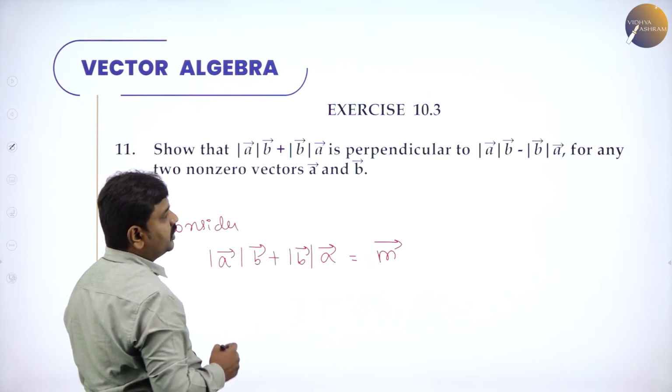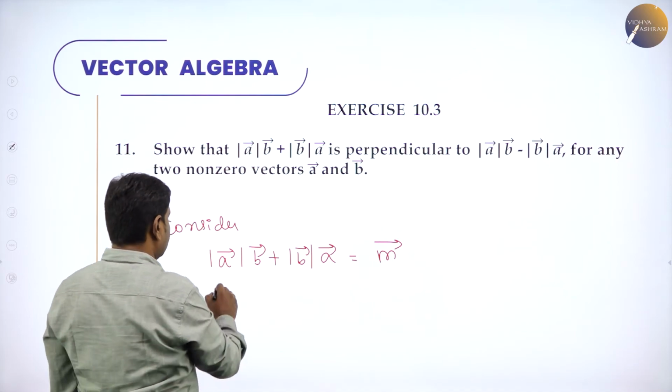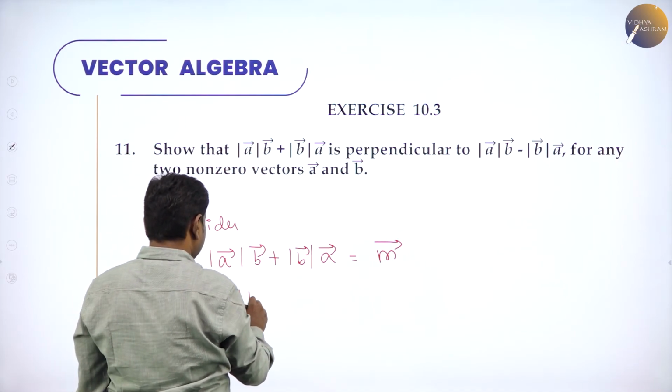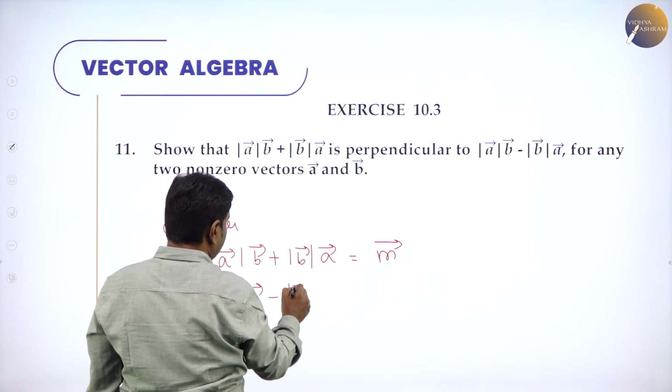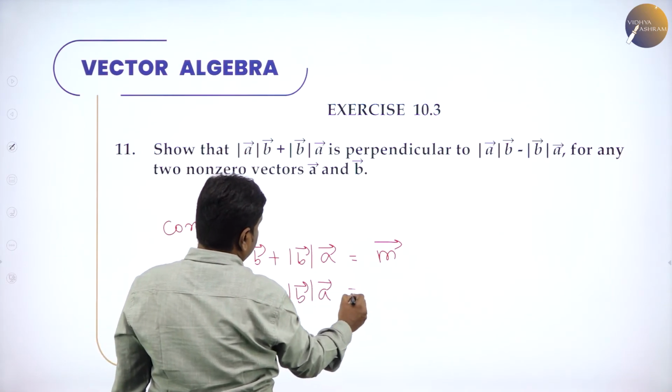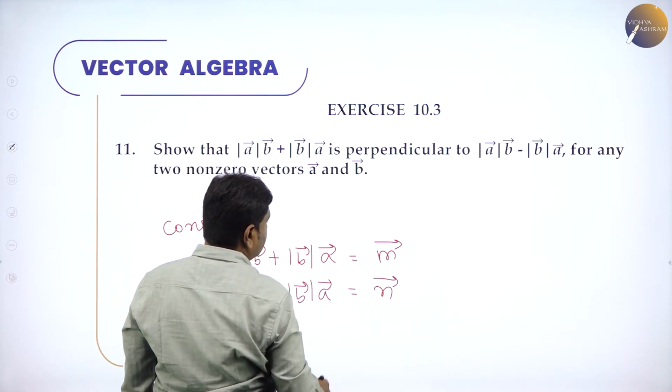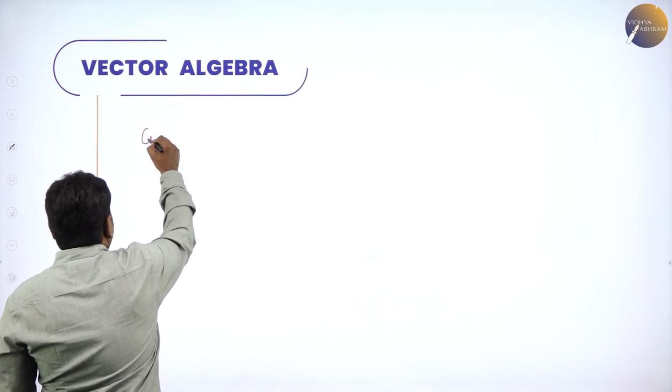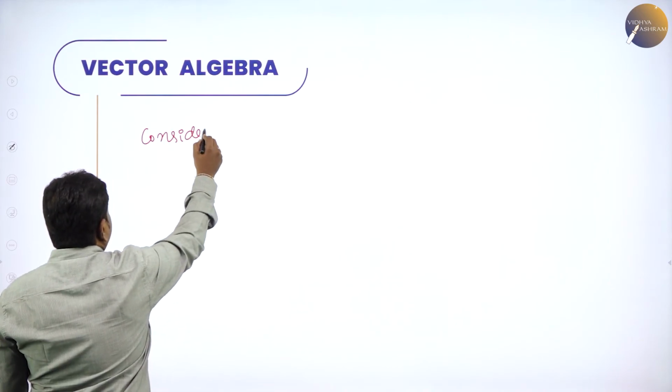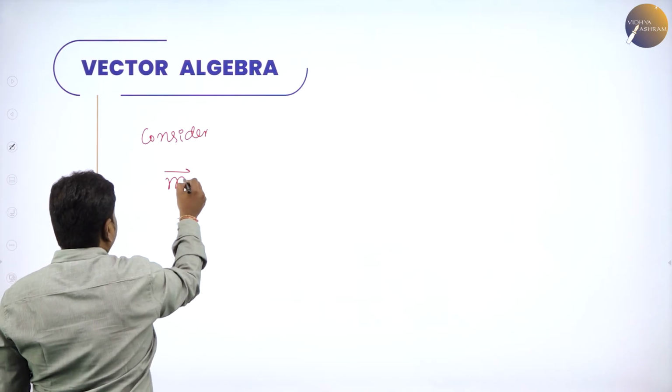And I'll take another vector: |b|a − |a|b. I call it vector N. Now I'll consider M dot N, the dot product of M and N.